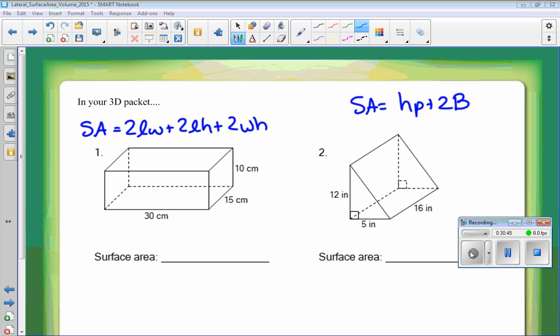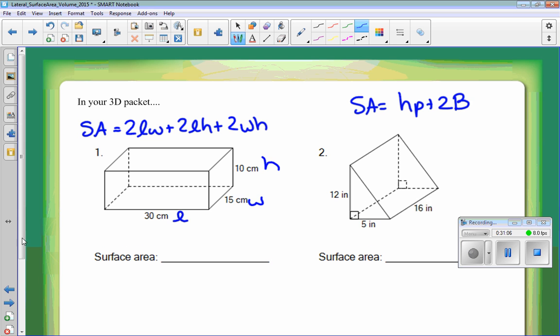So you have 2 times each, because there are two of each of those faces. We just pick one to be the length, the width, and the height, and it really doesn't matter which.